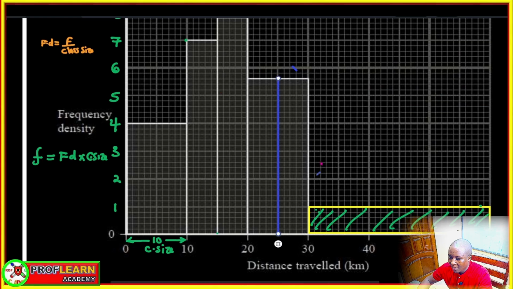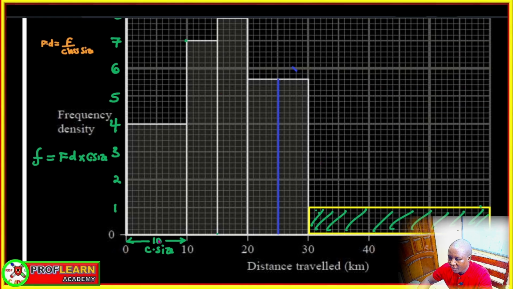Let's see, what is the next question? Above 25. If you want to know the frequency, you find the area. From 0 to 10 up to the frequency density of 4, the total frequency there will be the area, which is 10 times 4, which is 40. This one will be 35.